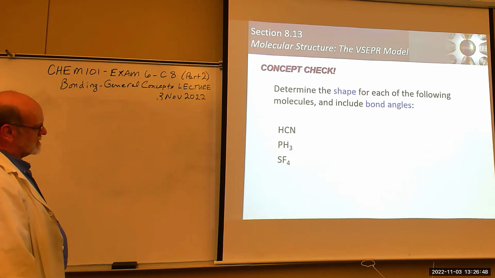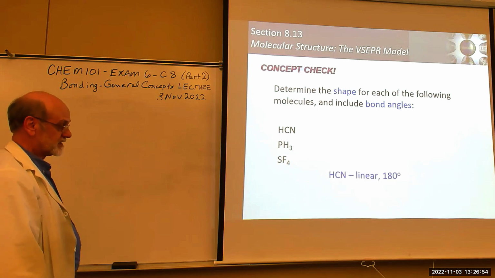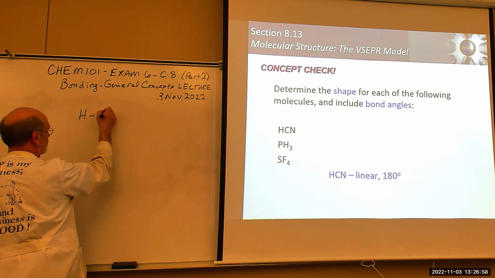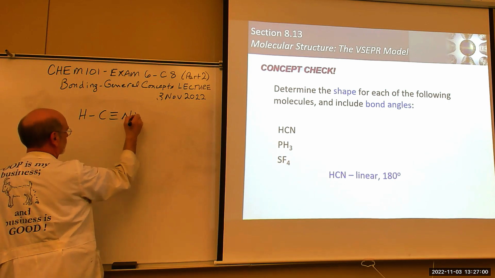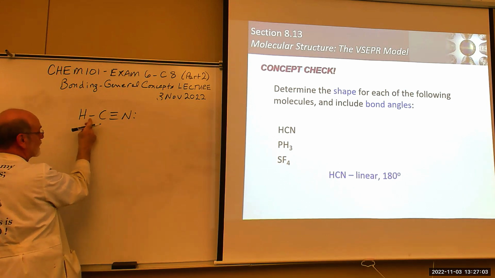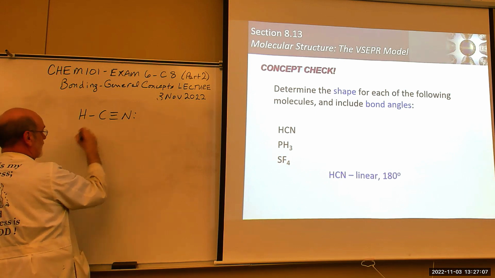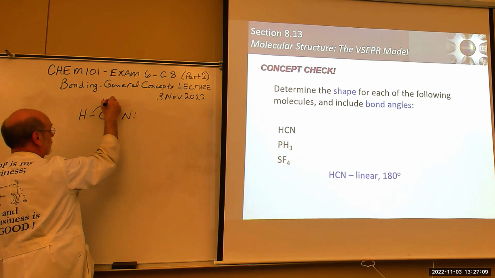Let's try. Well, HCN is linear. We drew that one earlier, didn't we? So around the central atom, you've got two groups around carbon, and that always is linear.